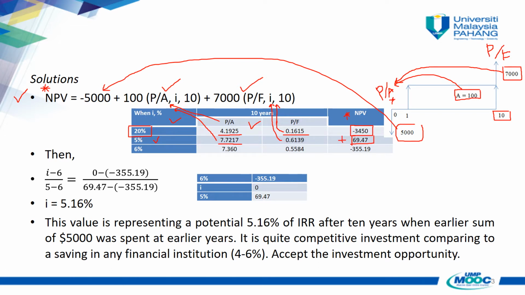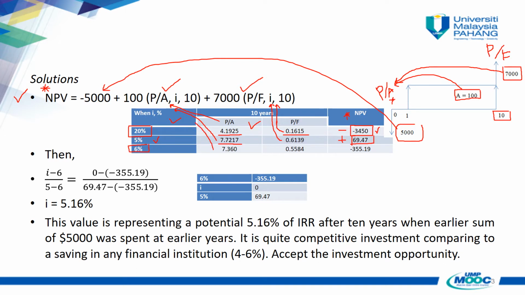If we use 20%, we got a negative figure. If I refine my calculation, let's say I put 6%, because our first calculation at 20% gave too much negative, 3,450.